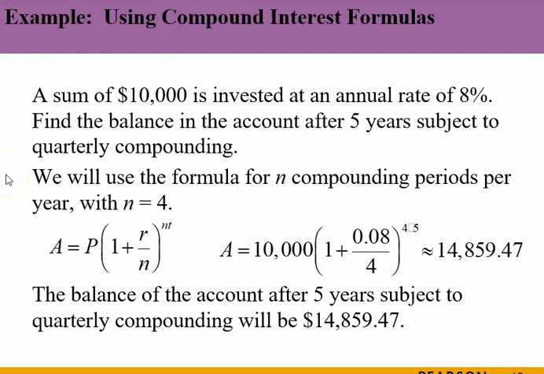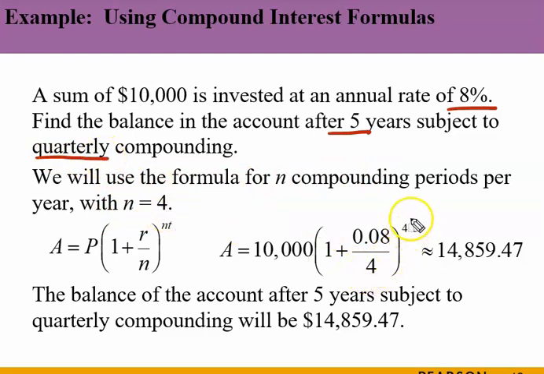So here, a sum of 10,000 is invested at an annual rate of 8%. Find the balance, that is the future amount, after 5 years. And we're compounding it quarterly. So A is our future amount. Our principal is 10,000. 1 plus our rate is 8% that we convert to a decimal fraction. Our n is the number of times it's compounded during the year, which is 4.